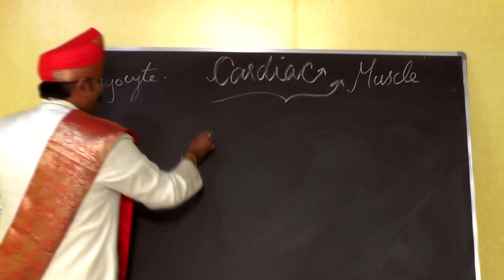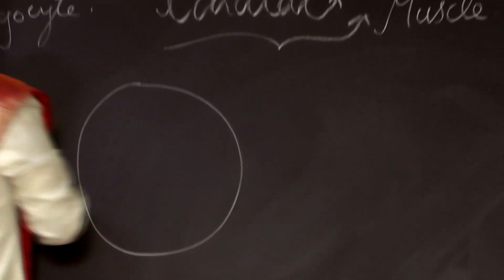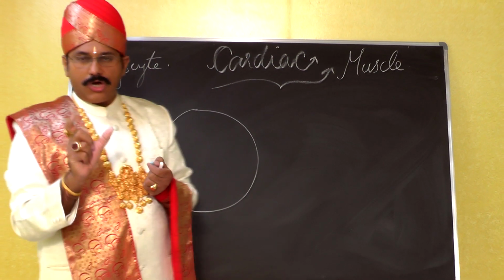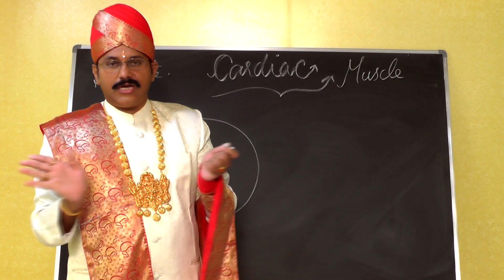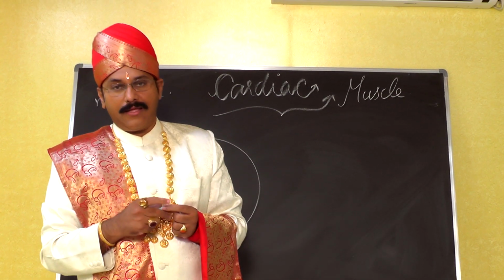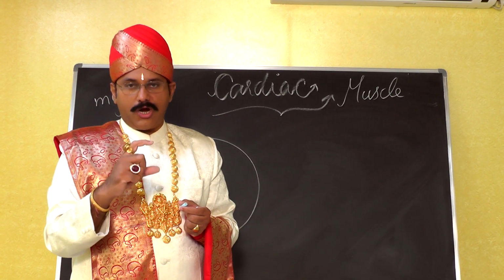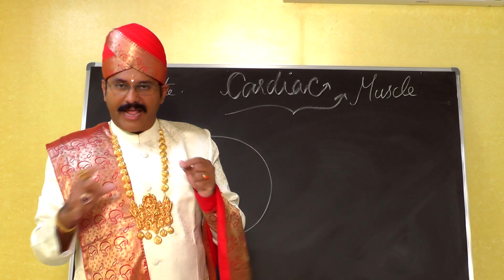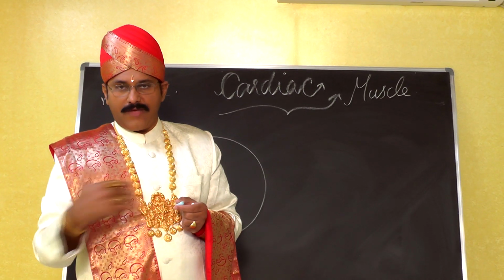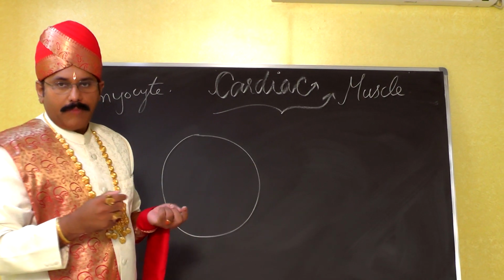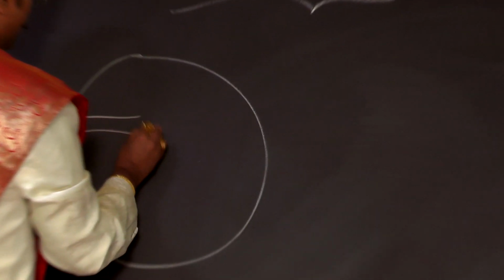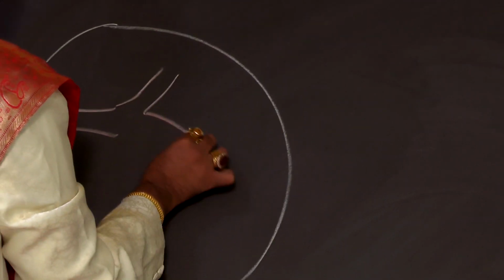Basically, the cardiac muscle is made up of cardiac myocytes that are short and cylindrical, showing branching and anastomosis with the neighboring cardiac myocytes. Here we have the cardiac myocyte showing the branches.